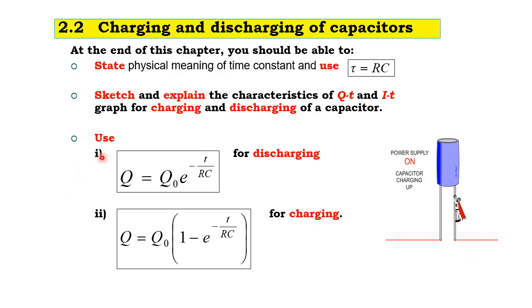And you need to use Q equal to Q naught e to the negative t over RC for discharging and Q equal to Q naught times 1 minus e to the negative t over RC for charging.